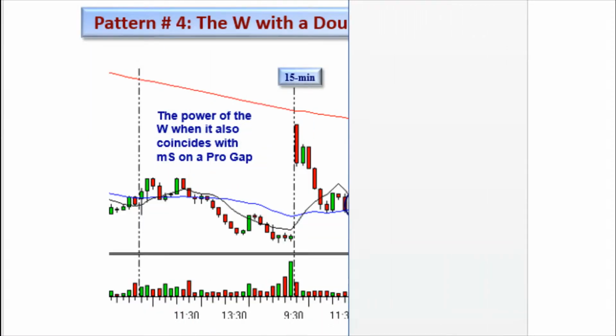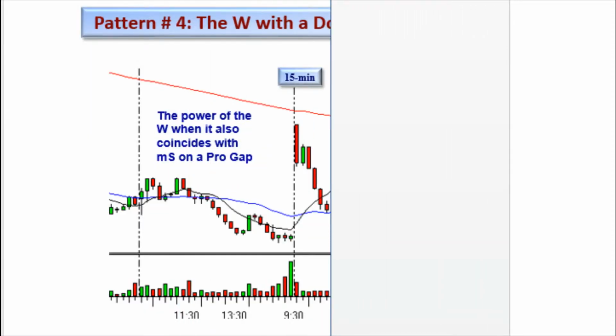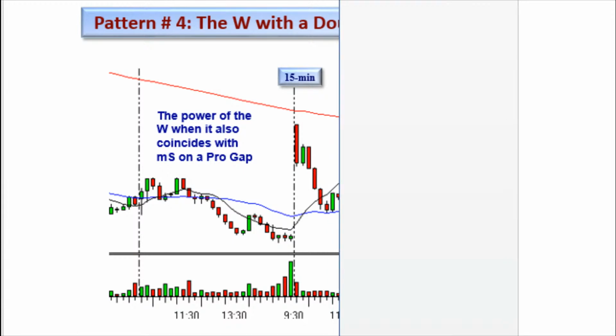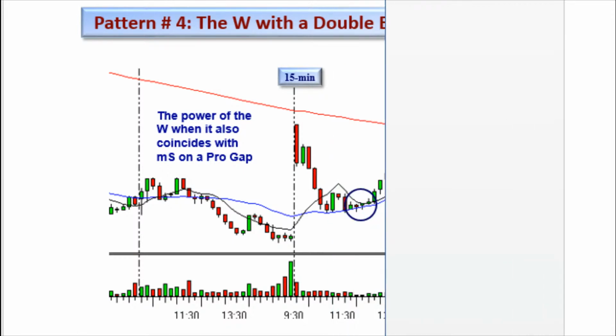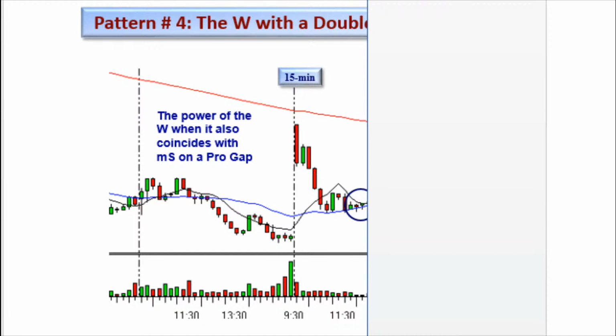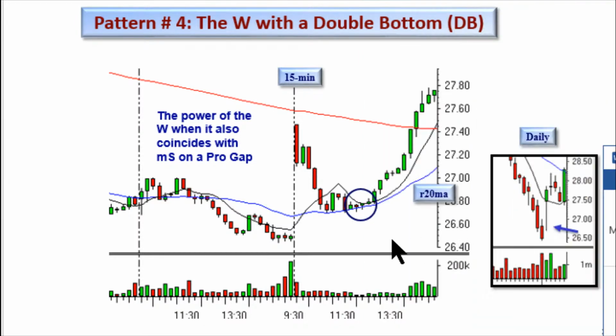When it's flat, it's not powerful. I want to show you here. When the 20 MA is flat, don't play a long off of it because it's not powerful. But when you get a double bottom or a W pattern off of a curling, rising 20, then you can play it.